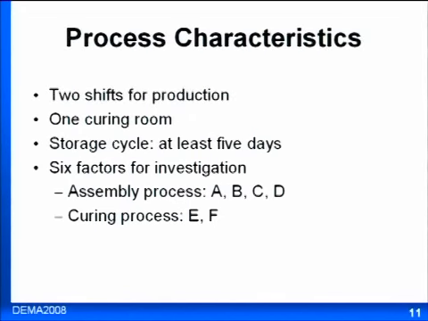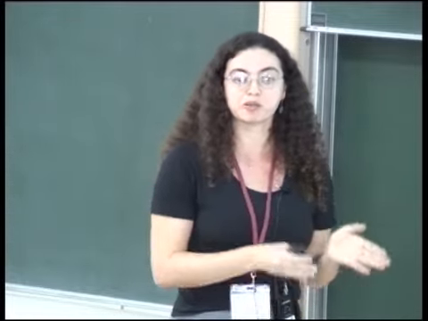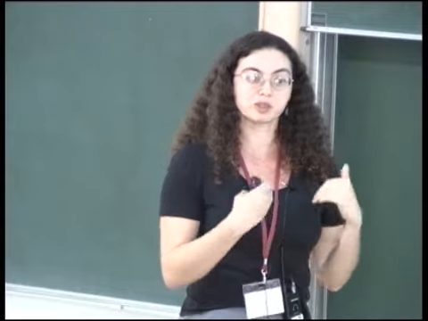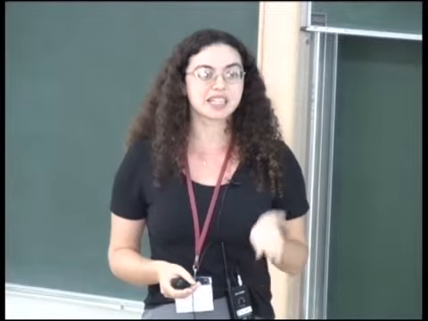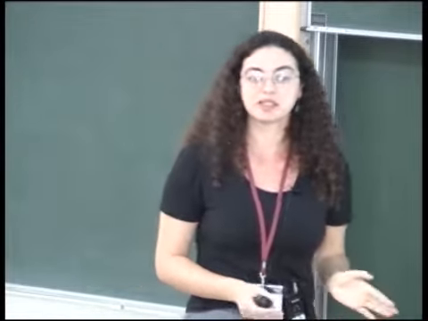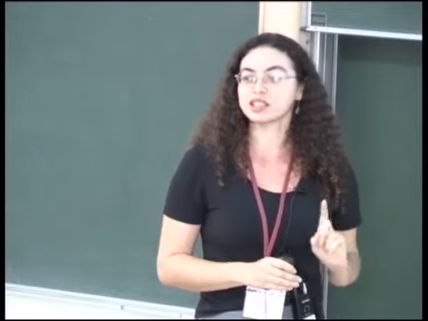Now some characteristics of the production process that we're going to incorporate in the design. They have production in 2 shifts. We are going to run the experiment on the actual production line, so we have to run it as quickly as possible so that they can go back to their actual production. They would like us to finish the experiment, if possible, in only 1 shift.